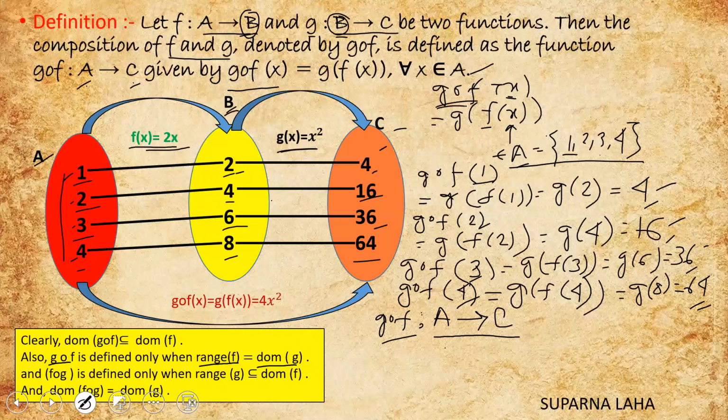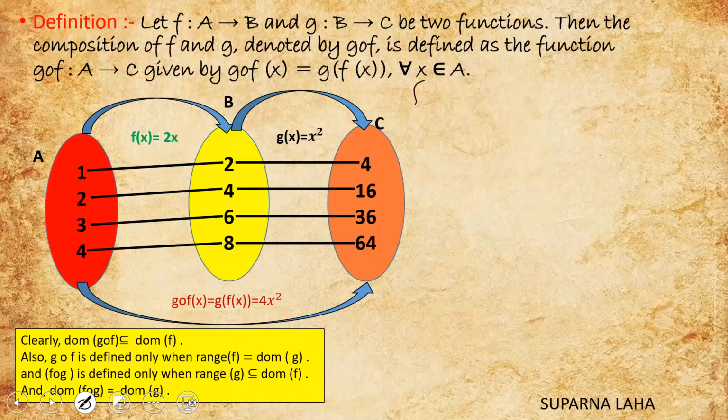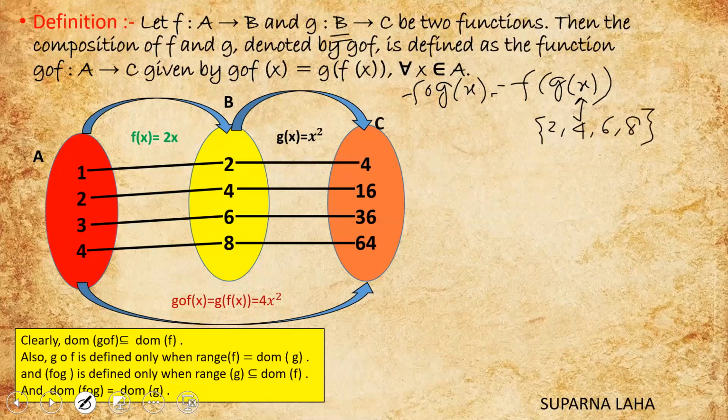Now let's check whether f of g is defined or not. So what is f of g of x? Here x is input for g. That means set B, that is 2, 4, 6, 8. Now let's check f of g of 4.